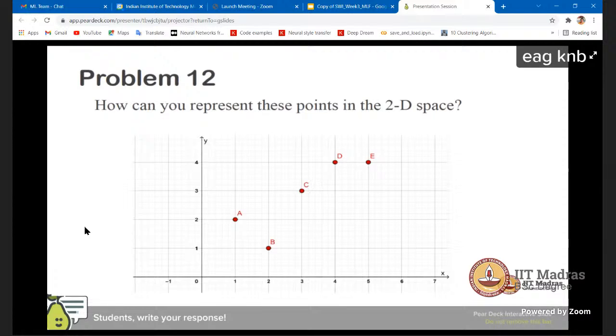Forming the coefficient matrix is actually the tricky part here. If you frame it in the wrong sense, then you won't reach the correct answer. This question is about how you get the vector x hat, that is, the parameters of the line.